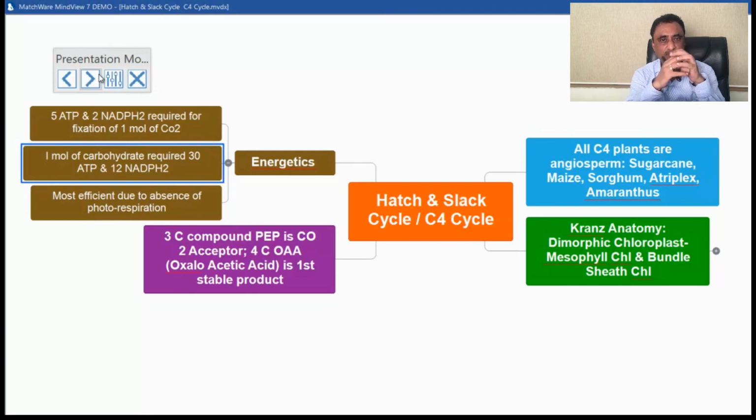There is no oxygen, so it ensures the carboxylase activity, thereby more and more fixation, and more carbohydrate is formed. Due to the Kranz anatomy, photorespiration is not there. What exactly is photorespiration? We will discuss it in the next session. So that's all as far as the Hatch and Slack cycle is concerned. Thank you.